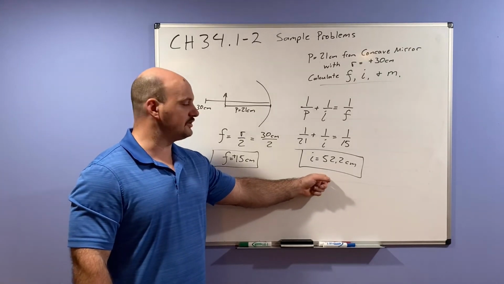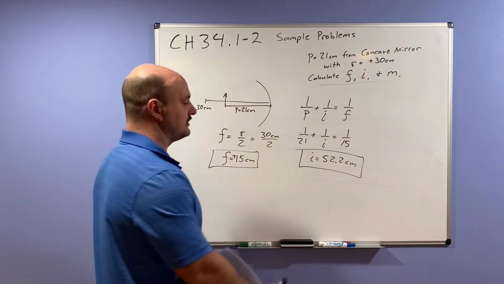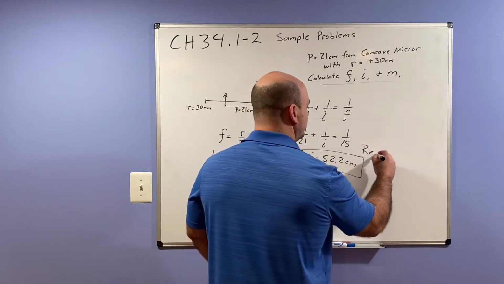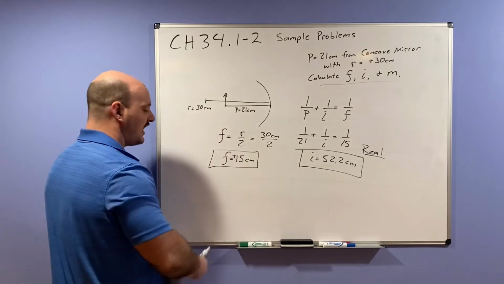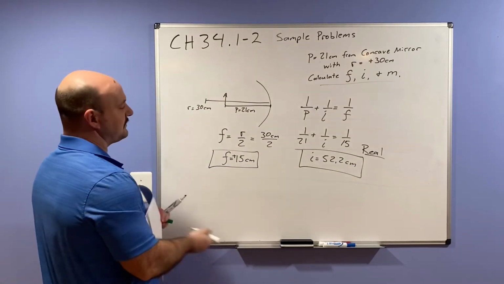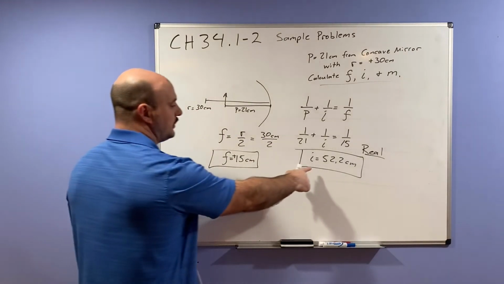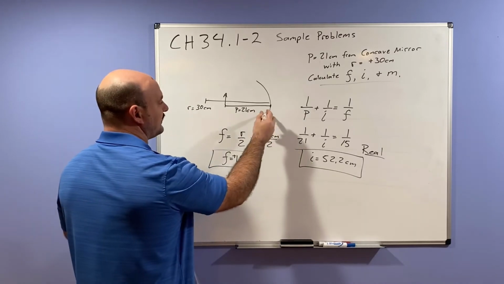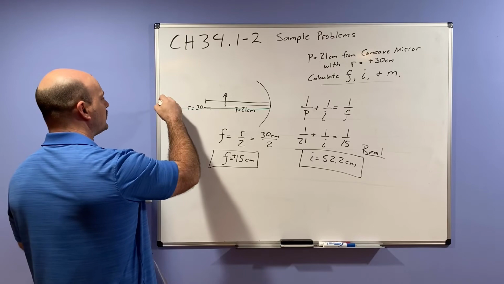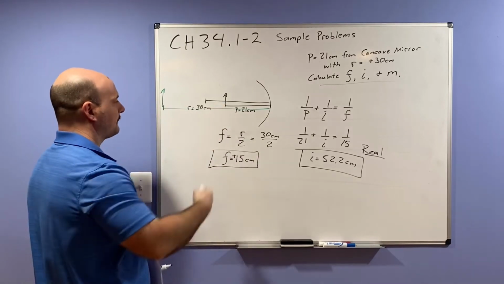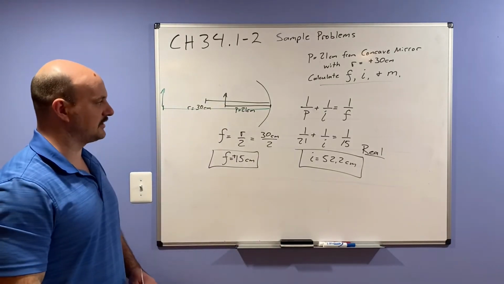A real image is associated with a positive image distance. This image is real, so it forms on the same side as the object. So if we were to plot it, it's all the way over here, 52 centimeters on the same side as the object.